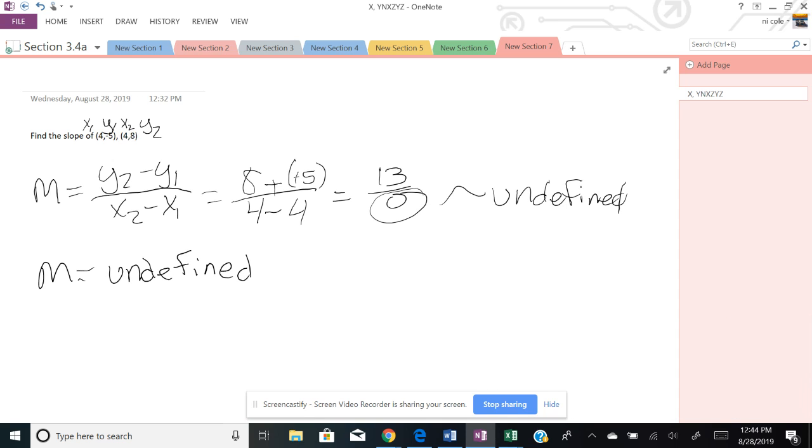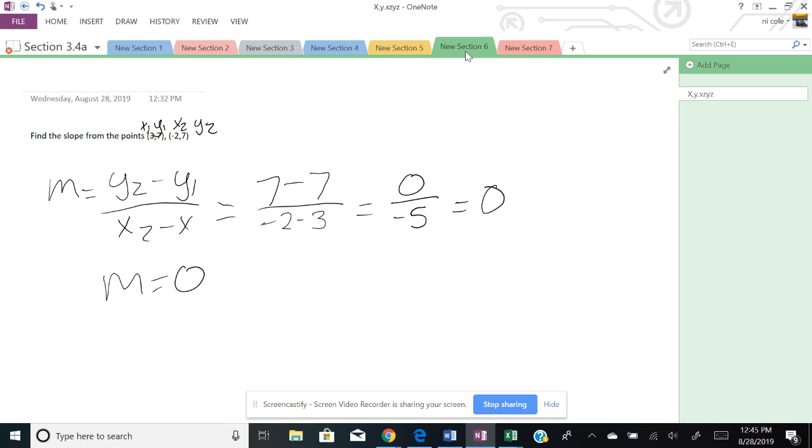That's a great answer, but that's only if the zero's in the denominator, in the bottom. If the zero's in the top, the numerator, the slope would then be 0. So just be careful. Check between this one and this one. Pay close attention.